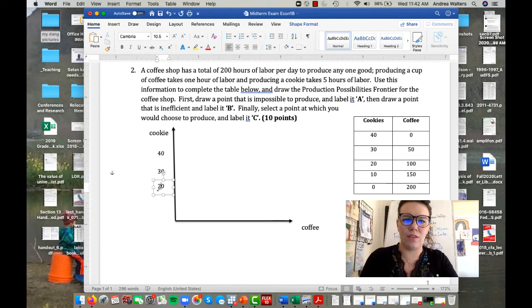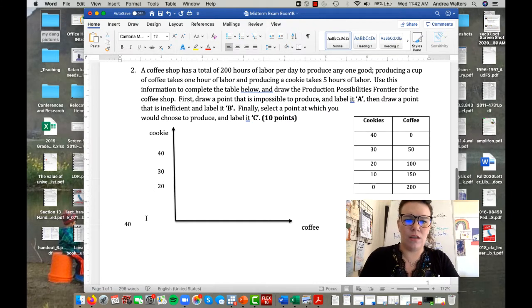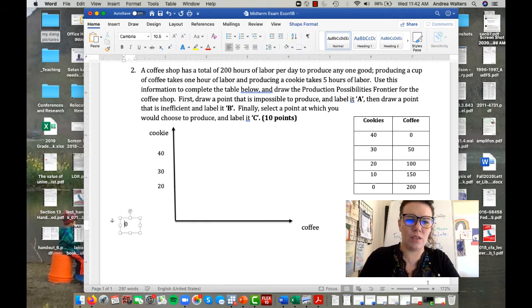And with this stuff, it's not necessarily about being super precise in terms of scale, as long as you get the sense of what's going on, what the trade-offs are, right?